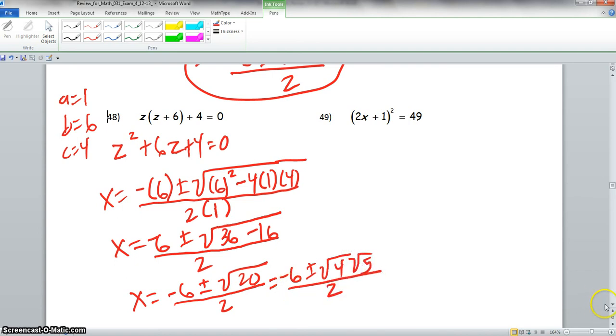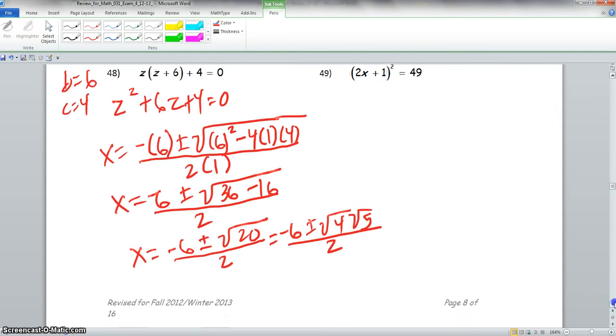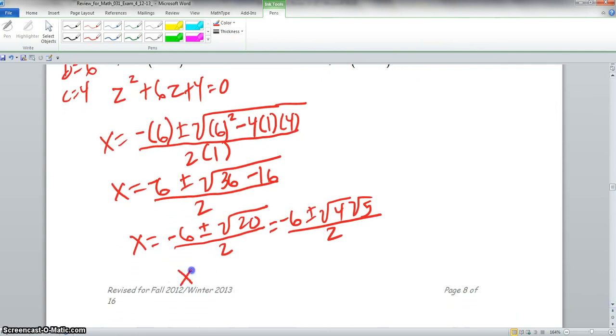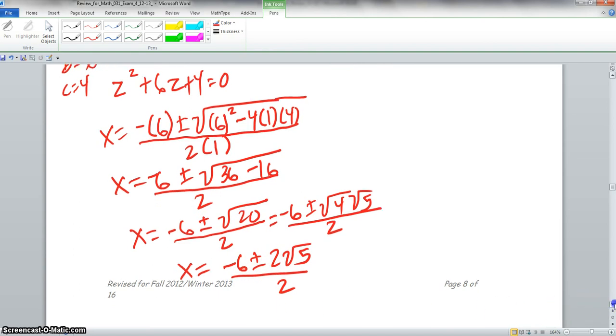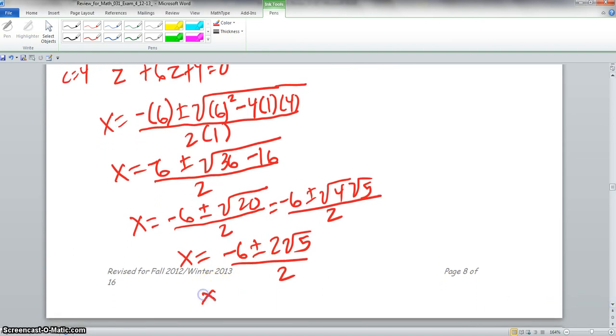So now we will have x is equal to negative 6 plus or minus 2 square root 5 all over 2. Now negative 6, 2, and 2 all have 2 in common, so we need to simplify that. And this will give us x is equal to negative 3 plus or minus the square root of 5. And this is our final answer.